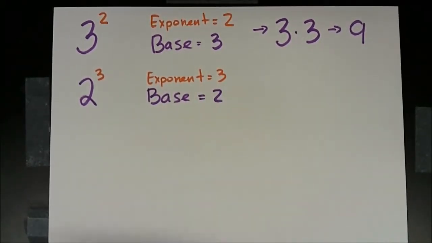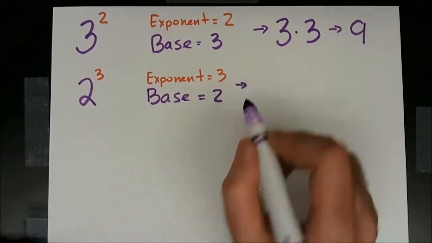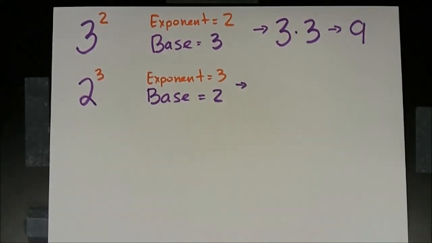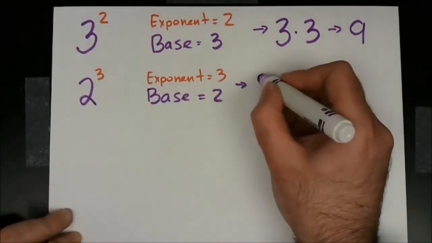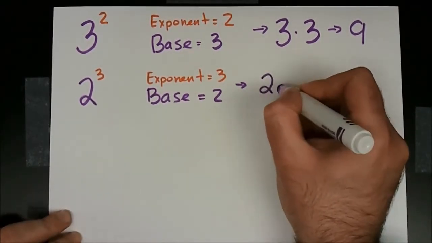What does the exponent tell me to do here? If you said take the base, which is 2, and multiply it against itself 3 times, you would also be correct. So I have to take the base, the 2, and multiply it against itself 3 times.